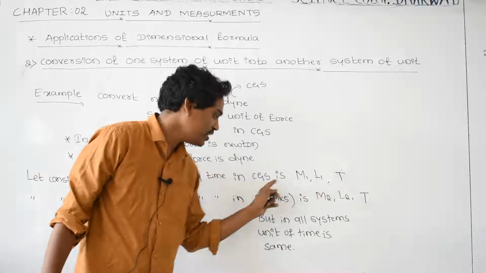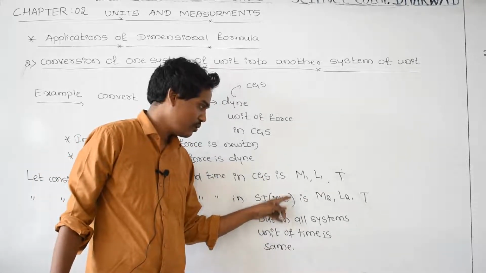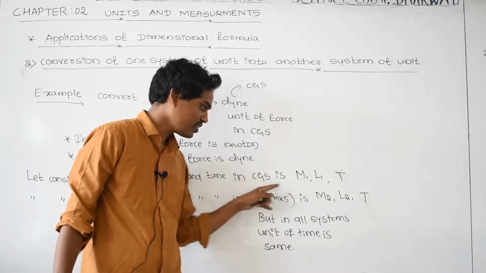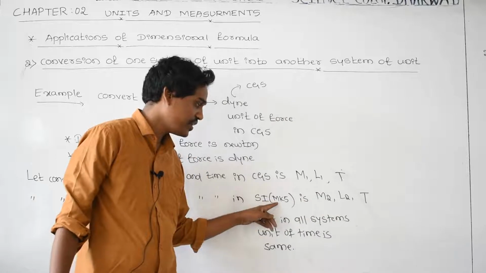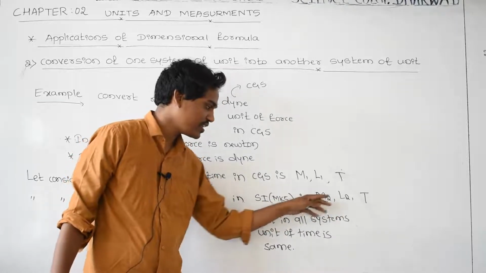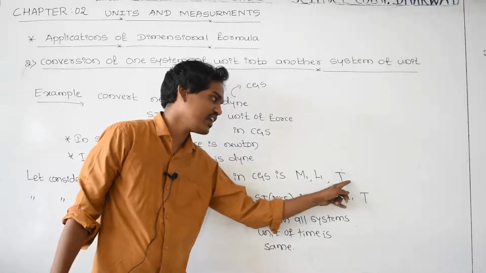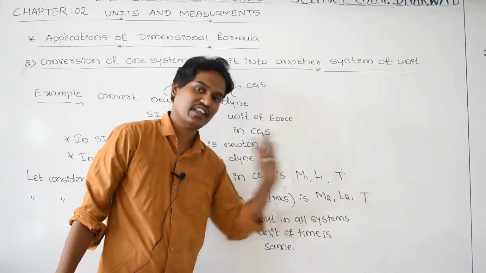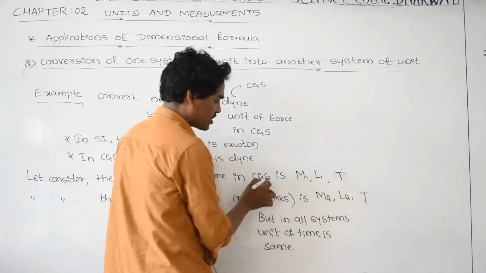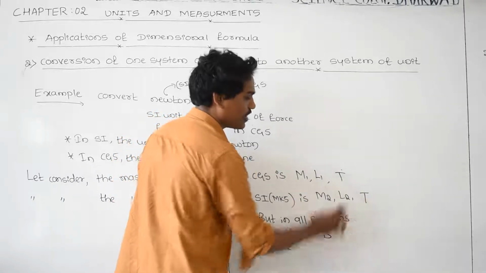The time unit in both systems is second. In SI, length is in meter, mass in kilogram, and time is second. Therefore, we take T and T. In both systems the unit of time is the same, that's why I am not taking T1 and T2.